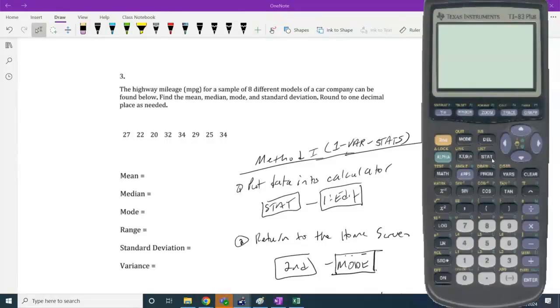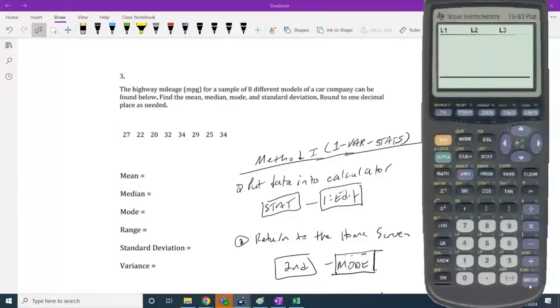Okay, so I'm going to go back. N is equal to 7. That means N is the number of items in your data set. So apparently my data set is not right because I have 7 items and I'm supposed to have 8, so I'm going to check my list.